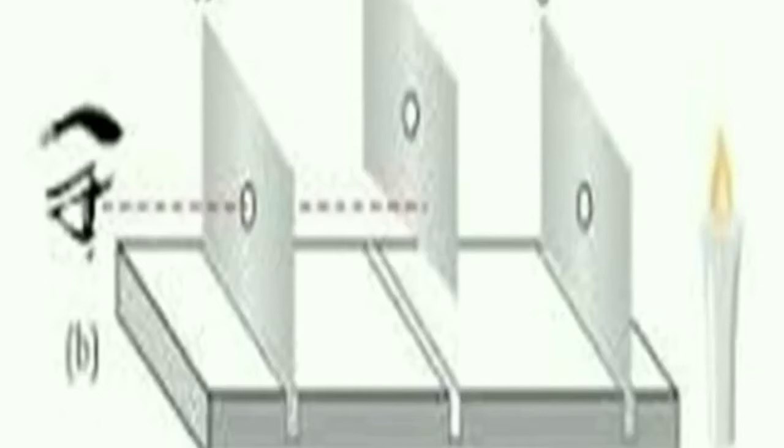Will you be able to see the light? No. This suggests that light travels along a straight line. That is why, when opaque objects obstruct it, a shadow forms. This is a very simple experiment that you can try at your home.